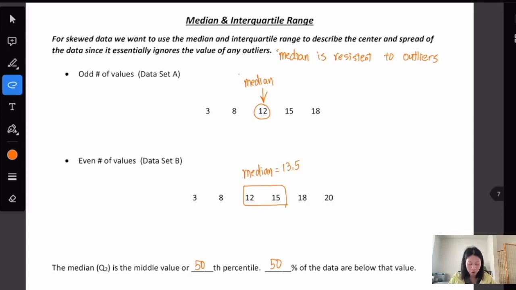Okay. The first quartile is the 25th percentile. That means 25% of the data is below the value. So in the first data set, the 12 is already used by the median, or Q2. So all we need to do is use the rest of the data, which in this case is 3 and 8.